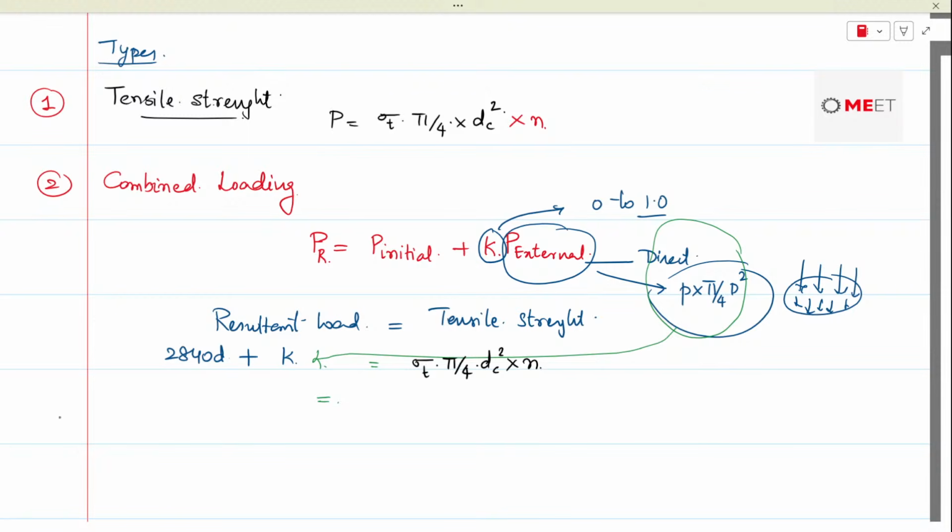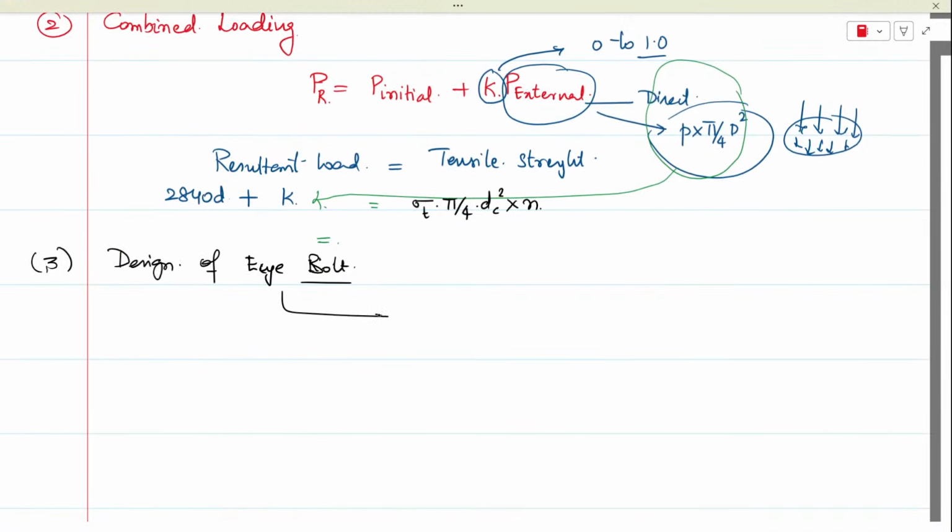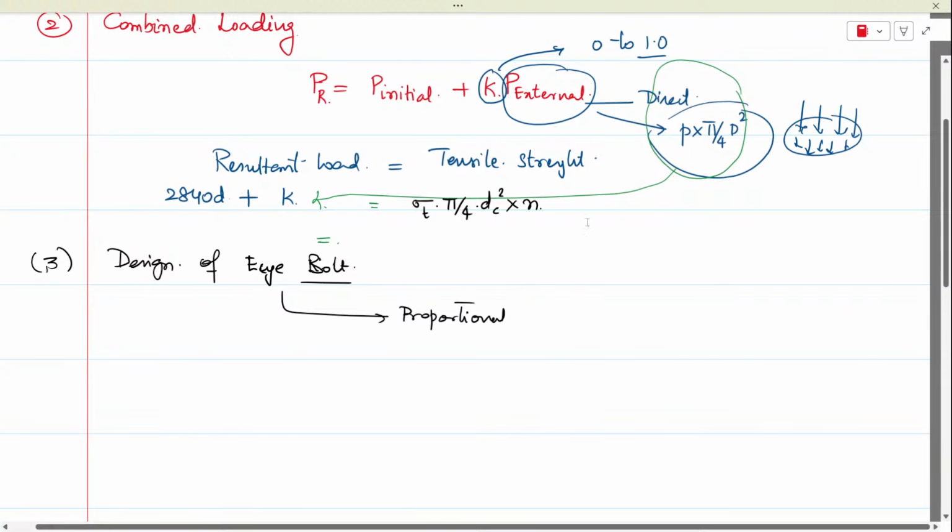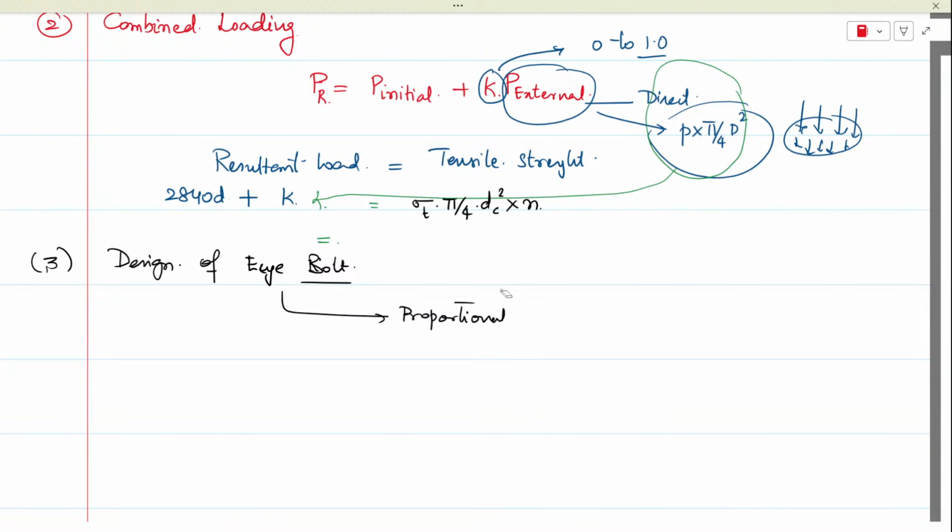Along with this, design of an eye bolt could also be expected. But in the eye bolt, you have to remember the proportions. You have to memorize the proportions. Calculating using the formula is easier, but the proportions are going to be a bit challenging, so you have to remember the proportions of the drawing.